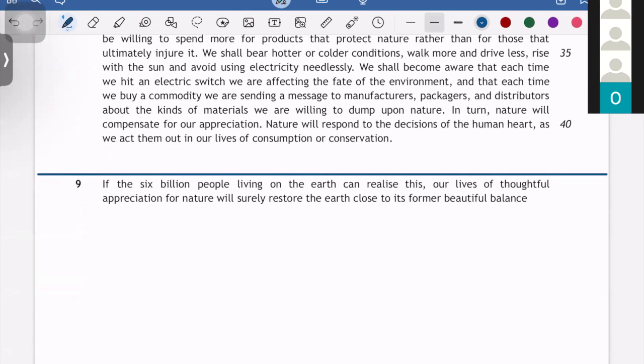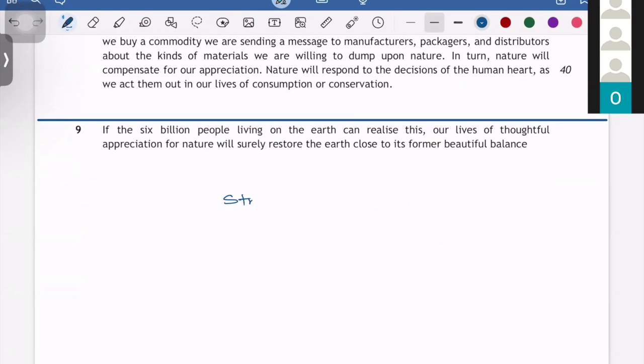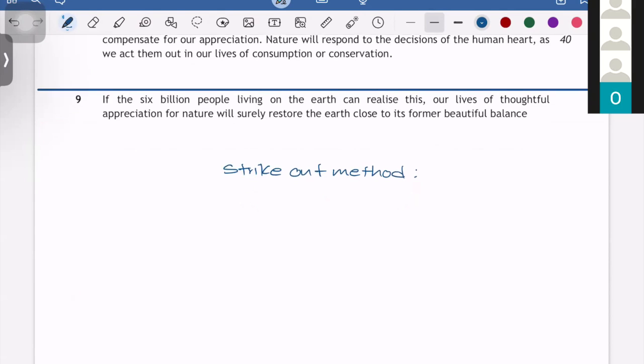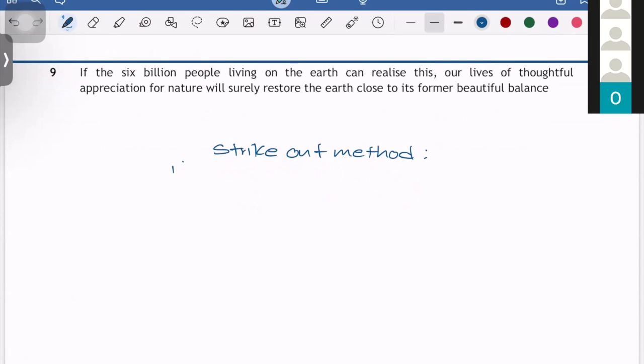This is called the strikeout method. First, you block out the paragraphs.